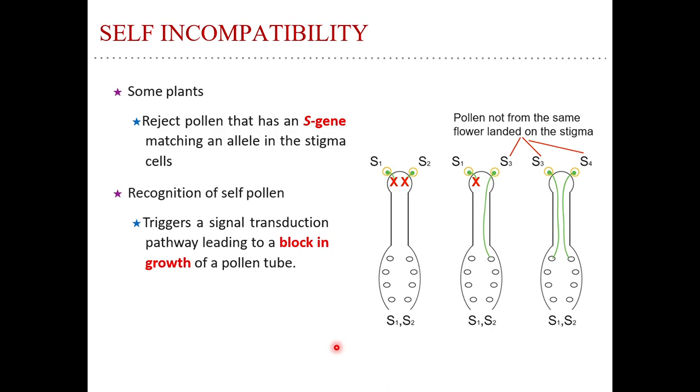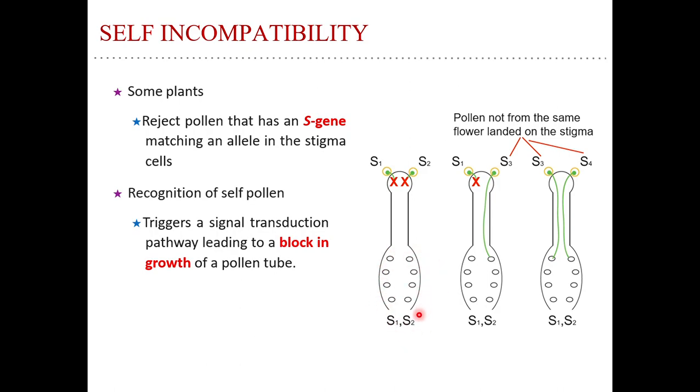So for self-incompatibility, some plants reject pollen that has an S gene matching an allele in the stigma cells. Recognition of self-pollen triggers a signal transduction pathway leading to a block in growth of the pollen tube. So we can see here the S gene is known as S1 and S2 for the flower.